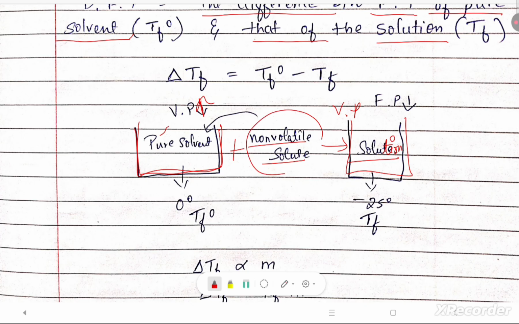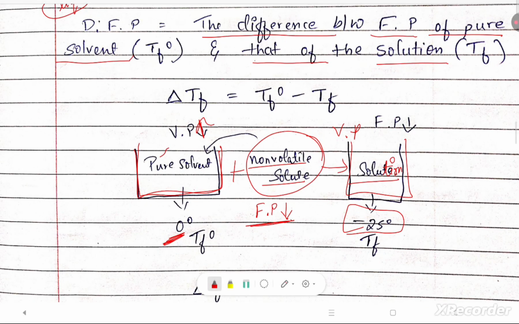After adding a non-volatile solute to the volatile pure solvent, the freezing point will decrease. For example, if the pure solvent freezes at 0 degrees, this solution will freeze at minus 25 degrees.